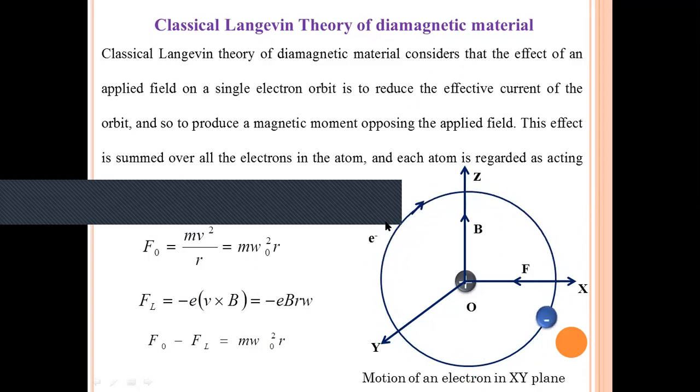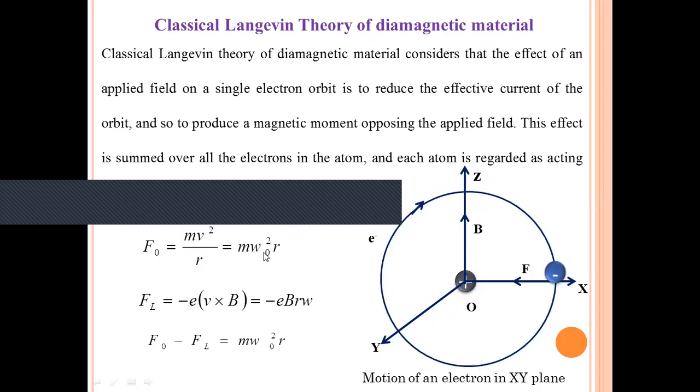Therefore, the centripetal force F0 for a circular motion equals m v square upon r, and you know v equals r omega, where v is the velocity of the electron. If we put this here, then we get m omega 0 square into r. Here omega 0 is the frequency due to this circular motion.